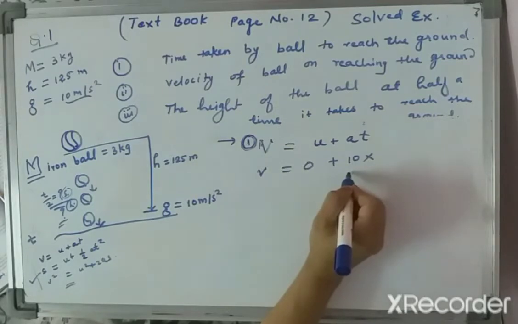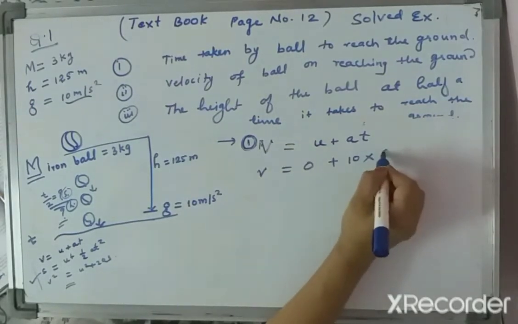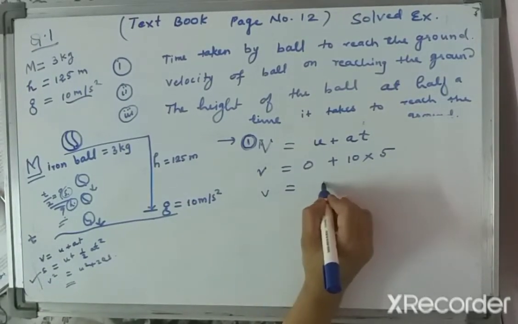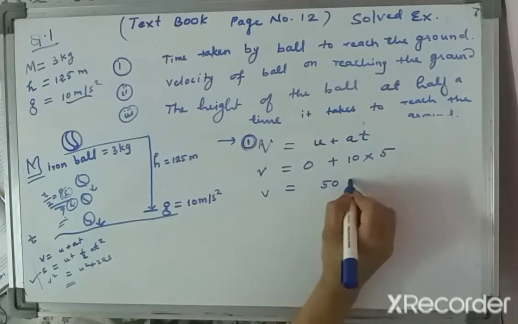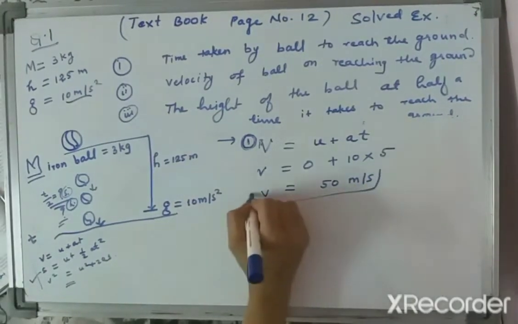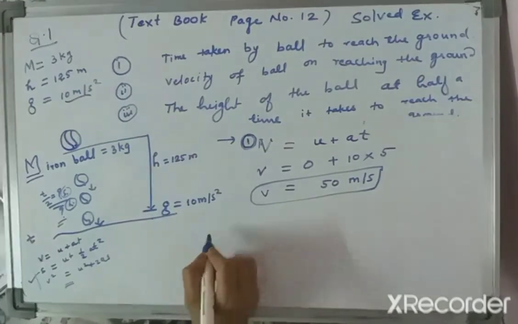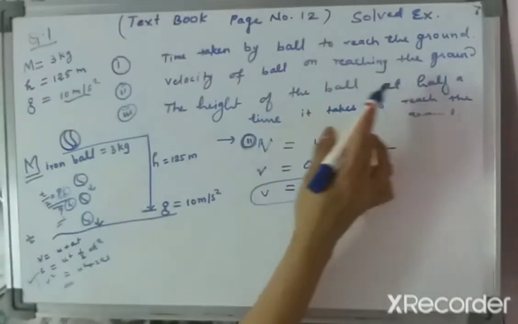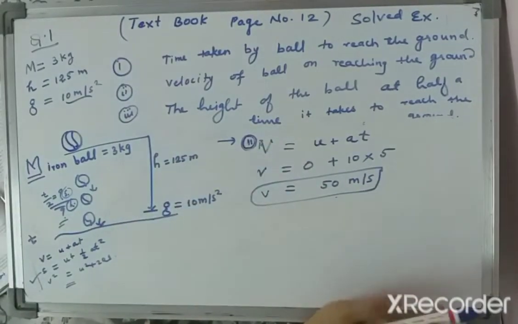Acceleration is 10 meter per second square and time we calculated is 5. So v is equal to 10 into 5, 50. 50 what? Meter per second, since it is velocity. This is the answer of the second question. So velocity of the ball on reaching the ground is 50 meter per second.